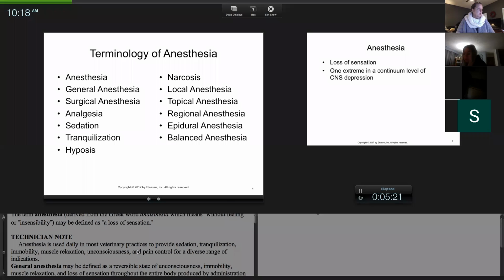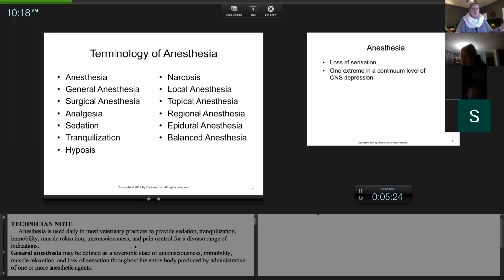If we're talking about general anesthesia, and if you open this up in the notes page, it has these further definitions for you. That homework that I gave you, you needed to do the vocabulary that is in chapter 1, and then the words I listed for chapter 2. So this might help with some of that vocabulary.